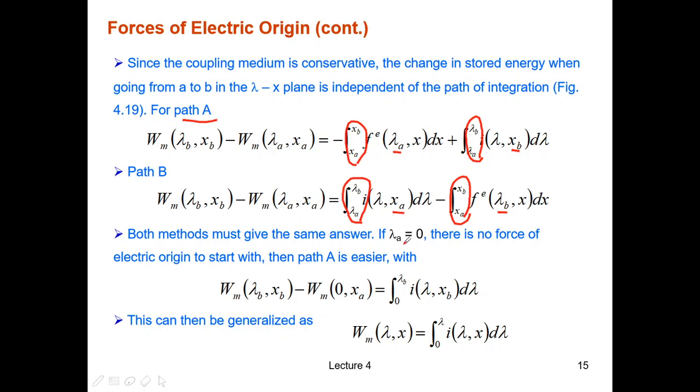However, if we have the initial flux linkage 0, which is a general, popular case for us, when we don't energize, when we don't put any current in the coil, then the initial lambda a would be 0. Then we have no force to start with, and in that case this one is better.